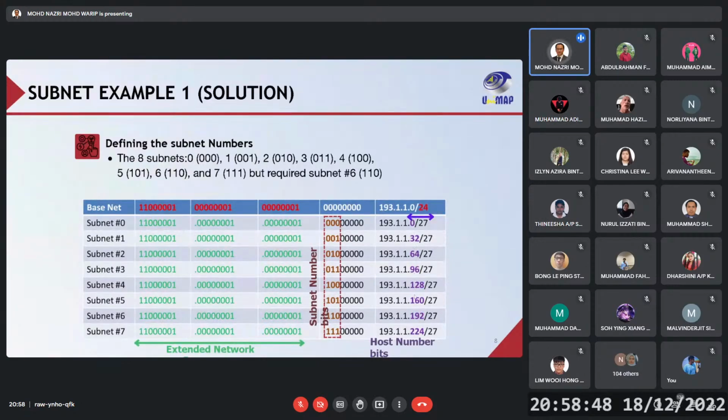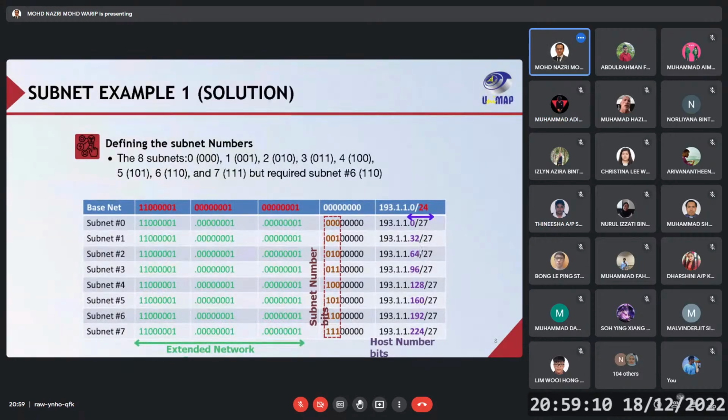Look at the purple numbers here. You have 0, 32, 64, 96. Where do these come from? By changing the binary number into a decimal number. But where do we get 32?